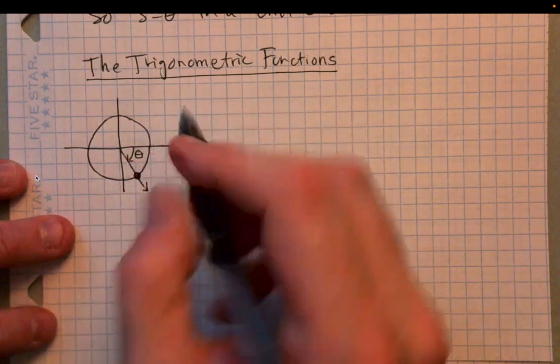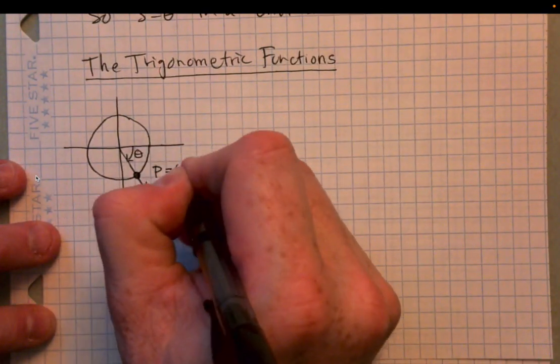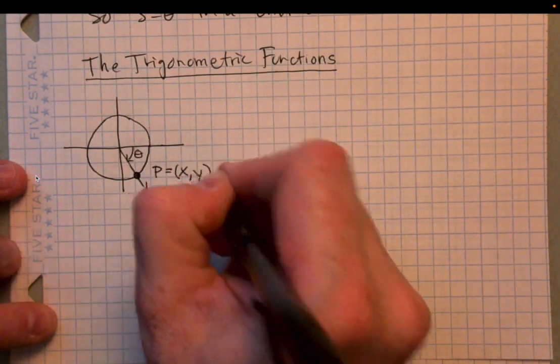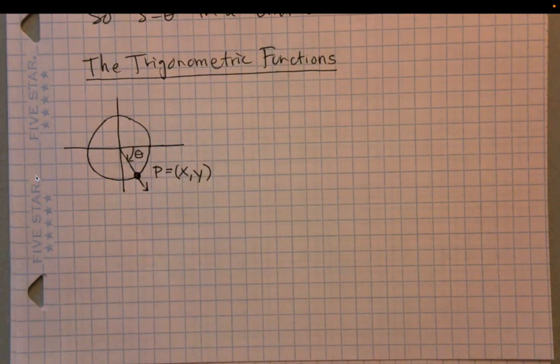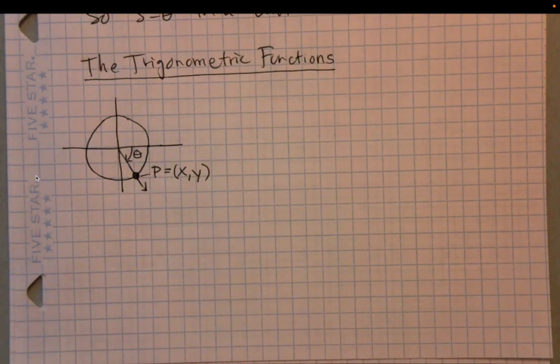And on that unit circle there's going to be some point called P, and P is just a point in the plane, so you can think of it as having an XY coordinate. Okay, and so this is P right here.